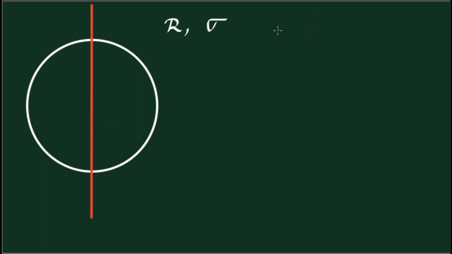Now let's say we know that the moment of inertia for a solid sphere is 2 by 5 m r squared. Can we find the moment of inertia of this from this formula? It's pretty straightforward. Let's start by writing it in terms of the density for the solid sphere.